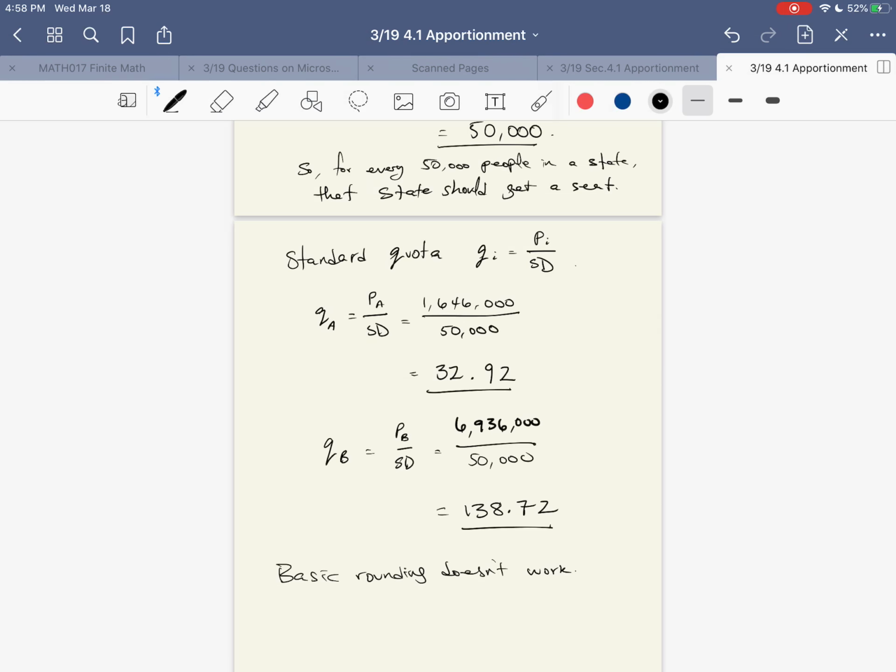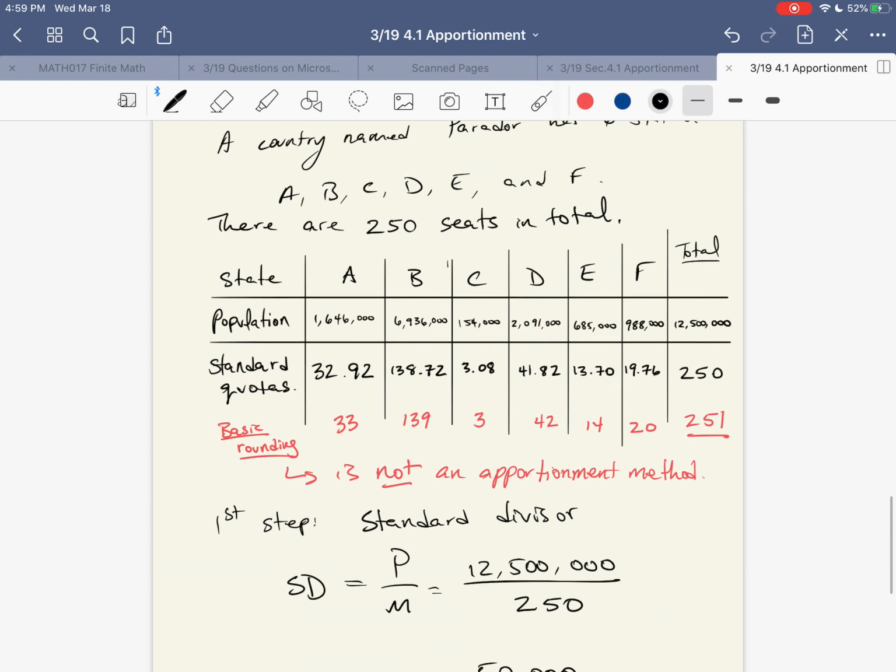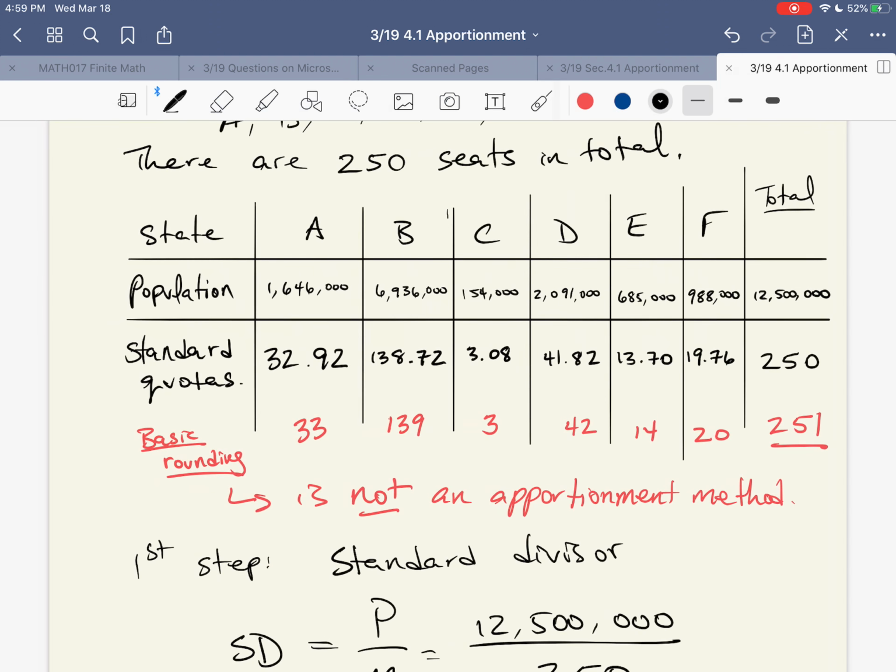But what does? And I will let you ponder that question. Maybe you could come up with an idea for apportioning these seats. Think about it.